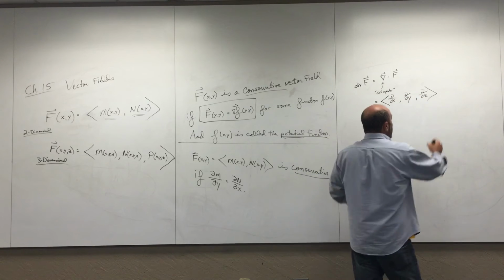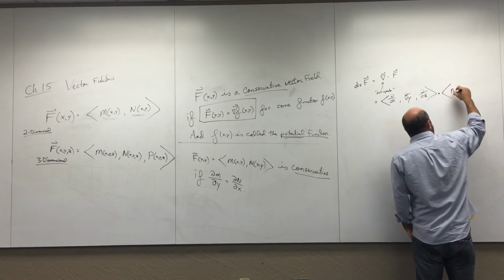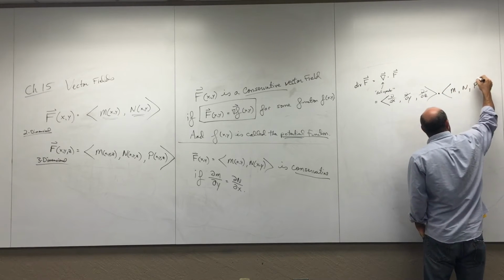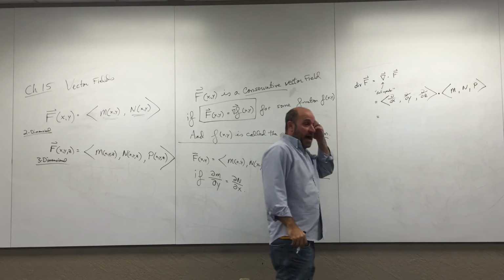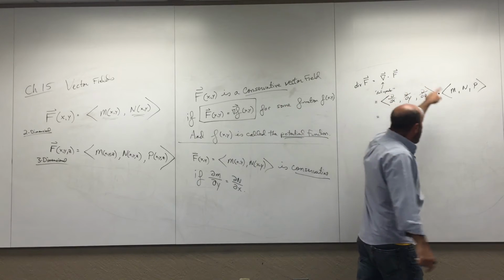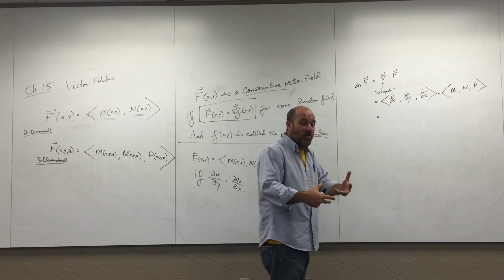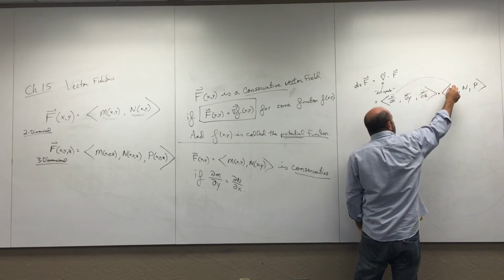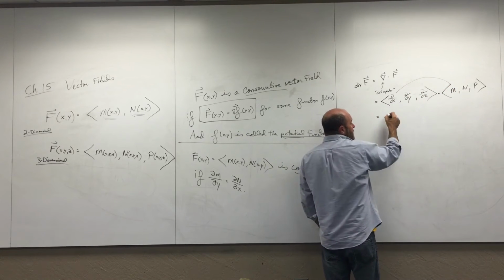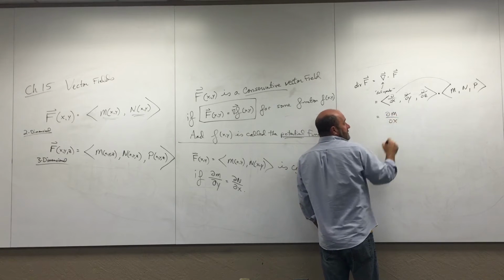So now this is going to dot product my vector field F, which I'm going to call <M, N, P>. When you do a dot product, you multiply the x components, the y components, and the z components and add them up. I use the word multiply, but I'm multiplying d/dx times M, which turns into the partial derivative of M with respect to x.